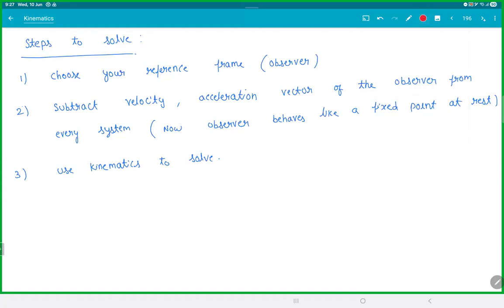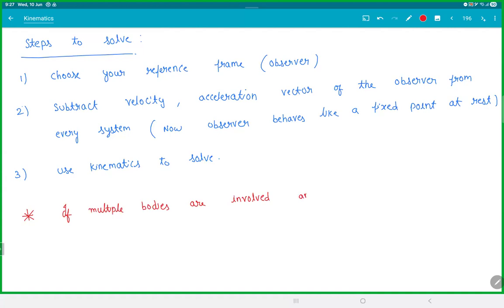So when do you know you have to use relative motion? Now again, this is not a concept, but when you solve a lot of problems, you'll get an insight. Generally, this is the idea. If multiple bodies are involved, like 2 to 3 things are moving at the same time, it becomes really difficult to see all of them at the same time.